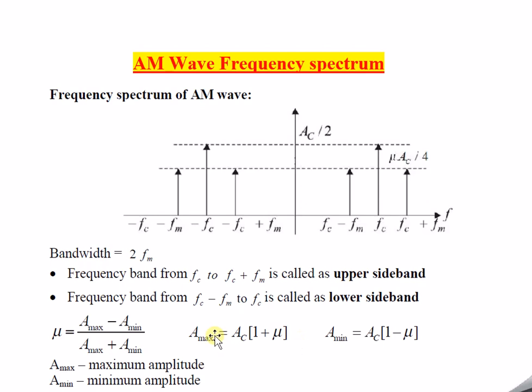Once you combine these two equations, you will get this equation. Otherwise, if we segregate it, we'll get individual equations: the value of A max and the value of A minimum. A max is the maximum amplitude, and A minimum is the minimum amplitude. I hope these things are very clear now.